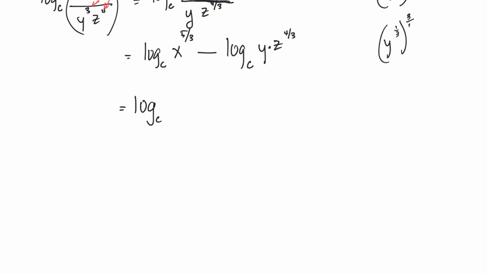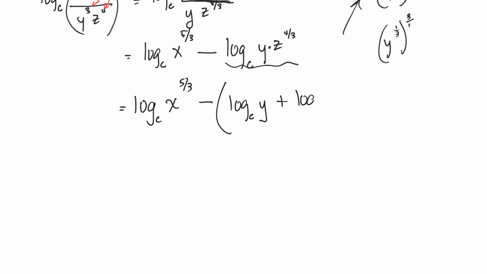So it's log base c of x to the 5/3 minus, and then I'm going to expand this with that log rule that was up there. So it'd be log base c of y plus log base c of z to the 4/3. Now, you see that I put brackets in there because this minus applies to everything that's after it, right?